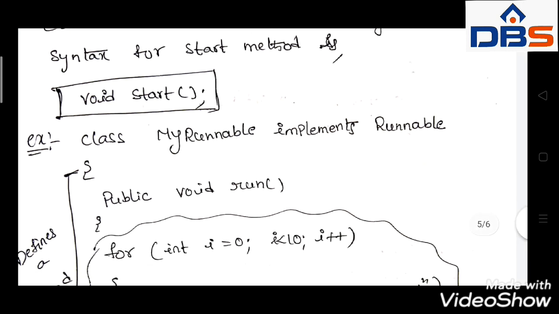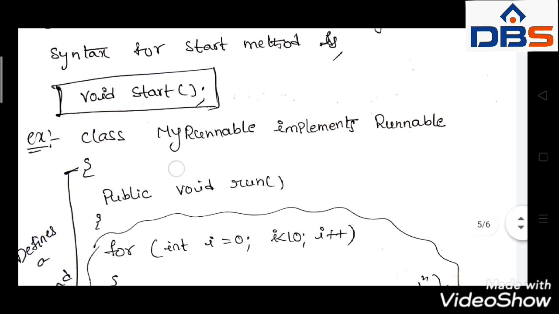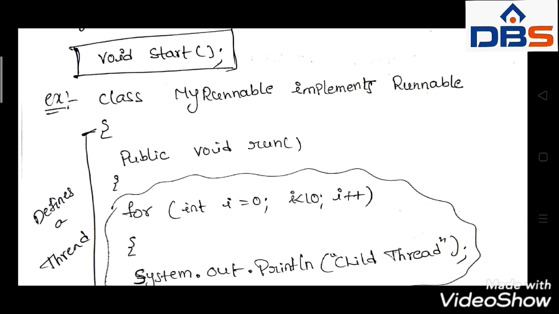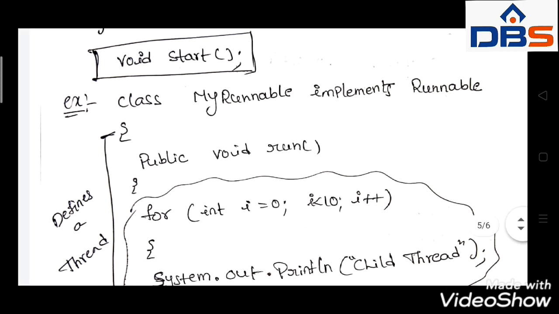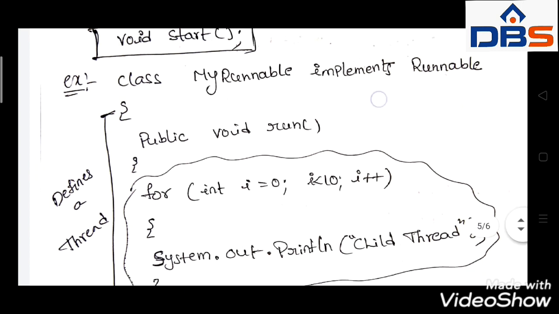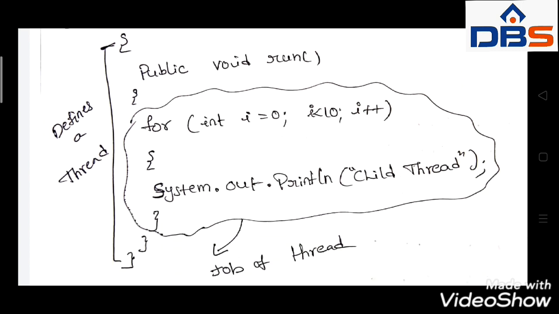This is class MyRunnable implements Runnable. MyRunnable is the name of the thread class, and it implements Runnable, so then we can define the run method.